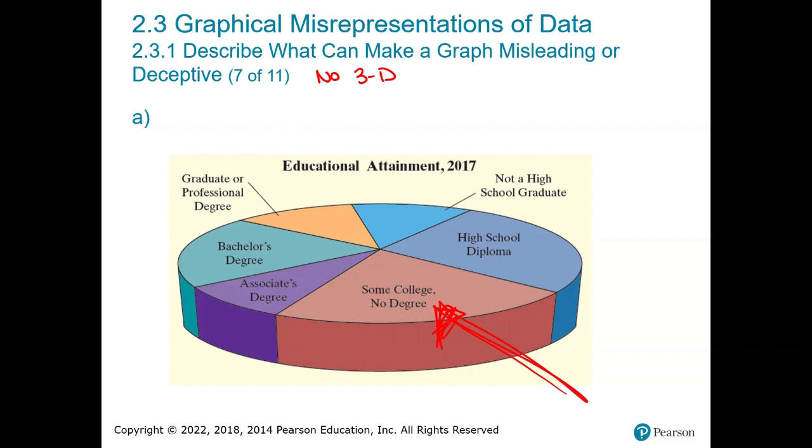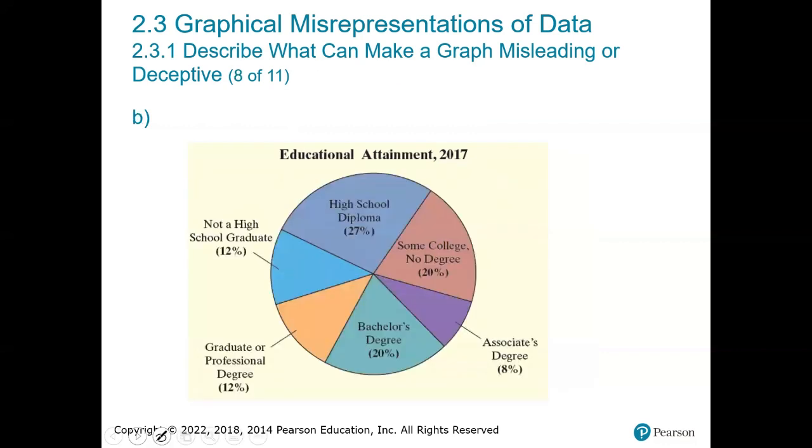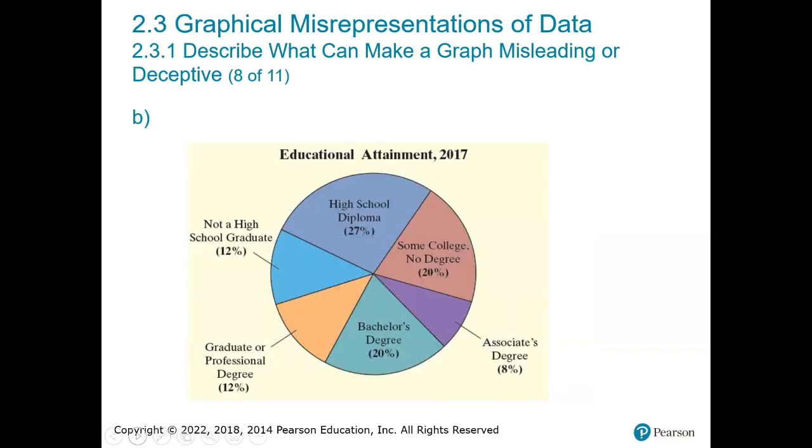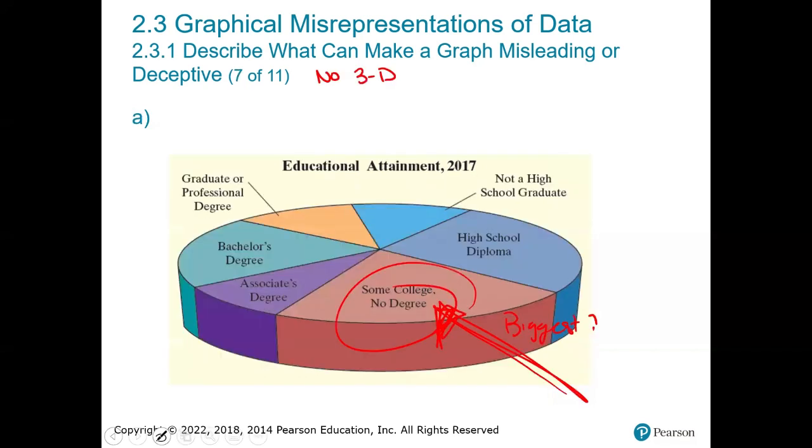Okay, so on the next slide, there is actually a correct version of this graph. And that is going to be from a vertical perspective. So if you look here, it looks like this is actually the biggest. But in actuality, the one that's the biggest is this blue high school diploma. So this doesn't look like the biggest here, but it is actually the biggest.